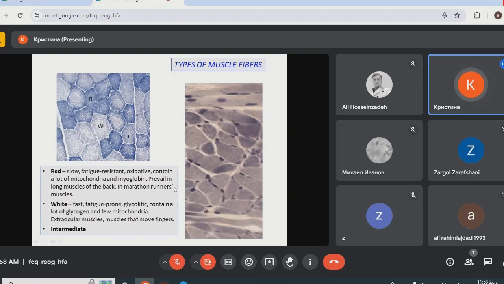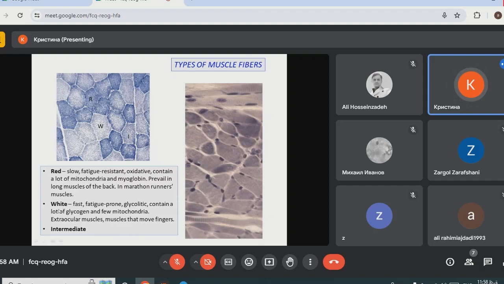So in persons who can run for a very long period of time and not being tired. In this picture, red muscle fibers are these deeply blue stained. This is specific staining for the proteins of the oxidative chain in mitochondria. So these will be red muscle fibers.